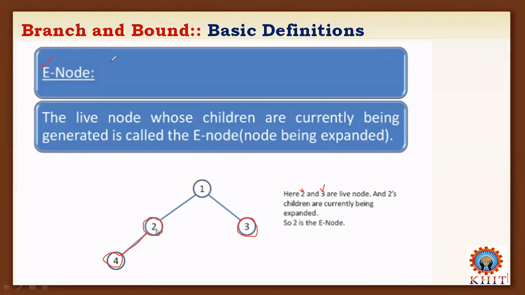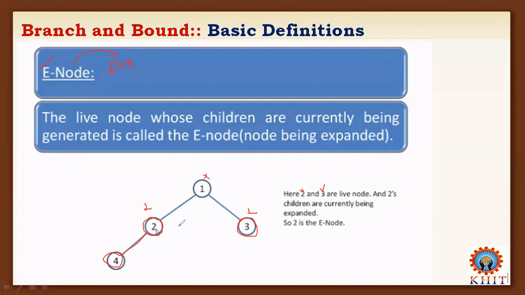An E-node is a live node. Before finding an E-node, it should be selected from the live nodes. But here, how many live nodes are there? This is a live node. This is also a live node. This is not a live node.